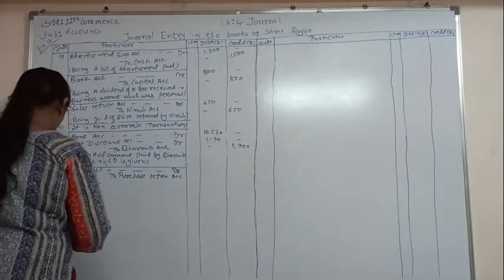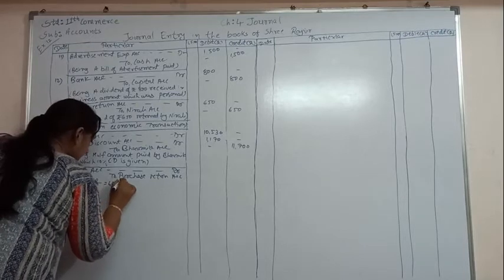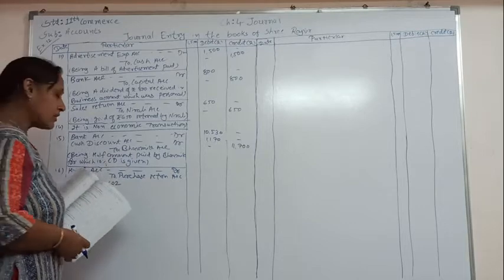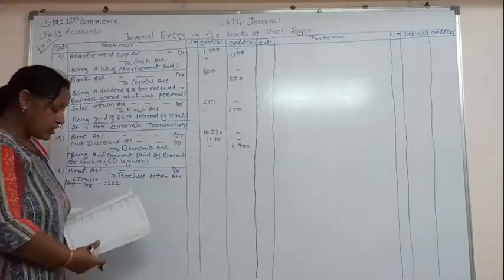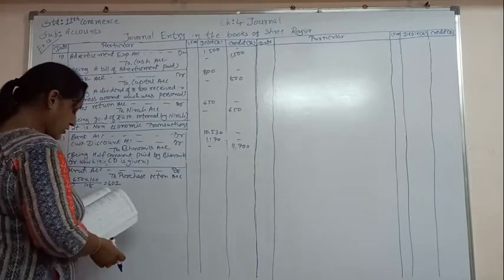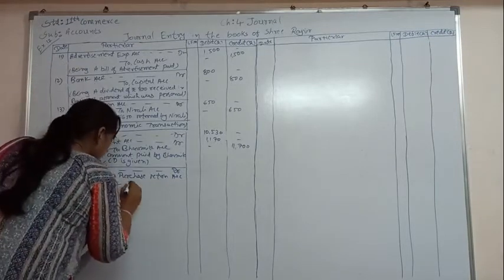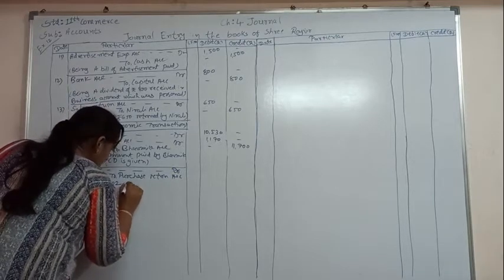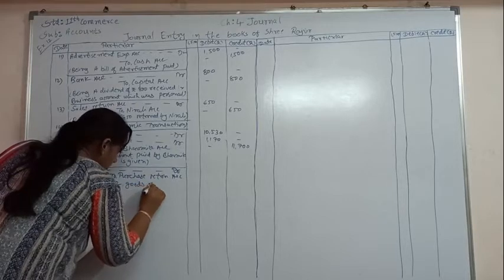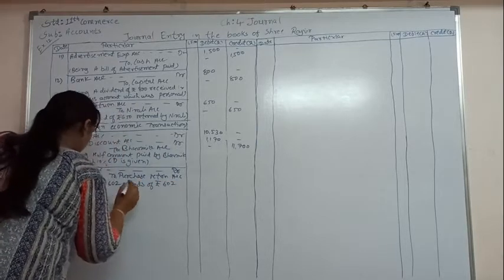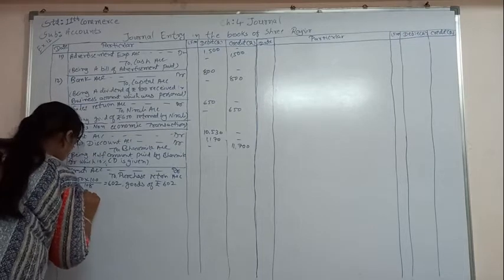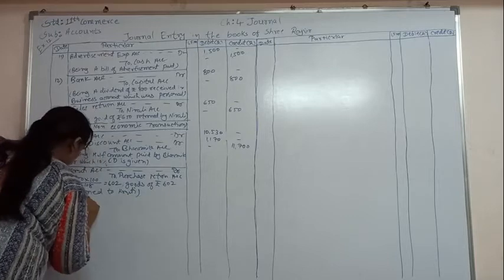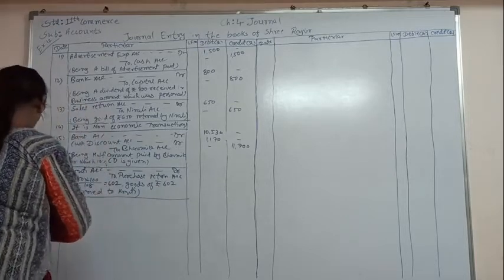The amount will be approximately 602, it is 601 point something, so it will be 602. That amount we have to return to Kruti, being goods of rupees 602 returned to Kruti. So that is the journal entry to be passed.